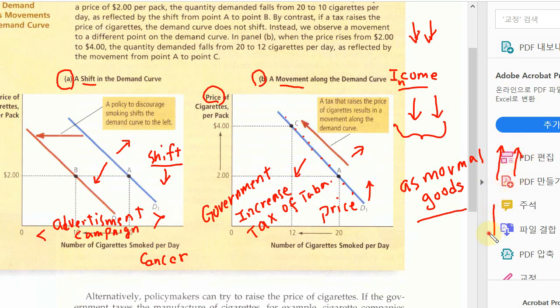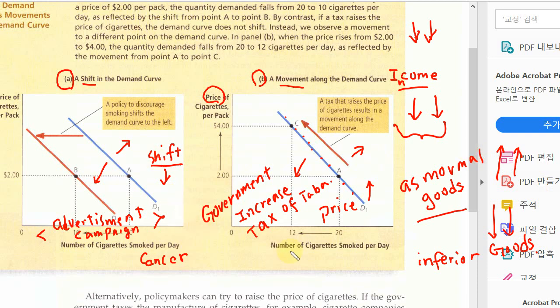When income decreased, demand decreased. We call this kind of goods inferior goods. Okay? So we have to distinguish normal goods and inferior goods.